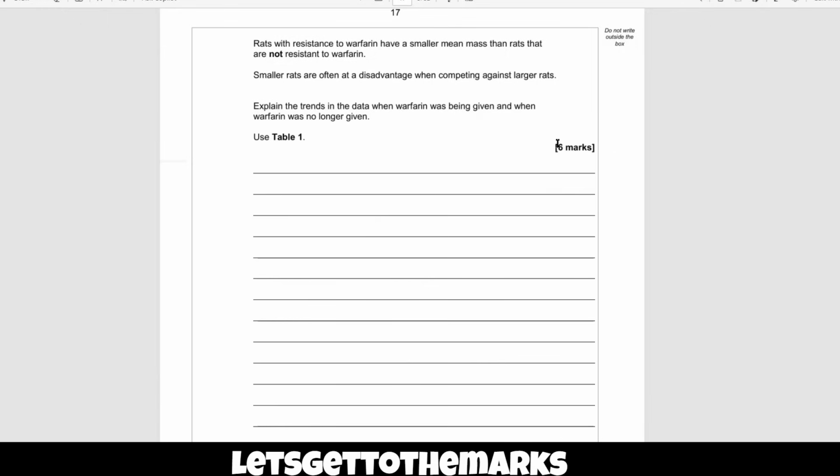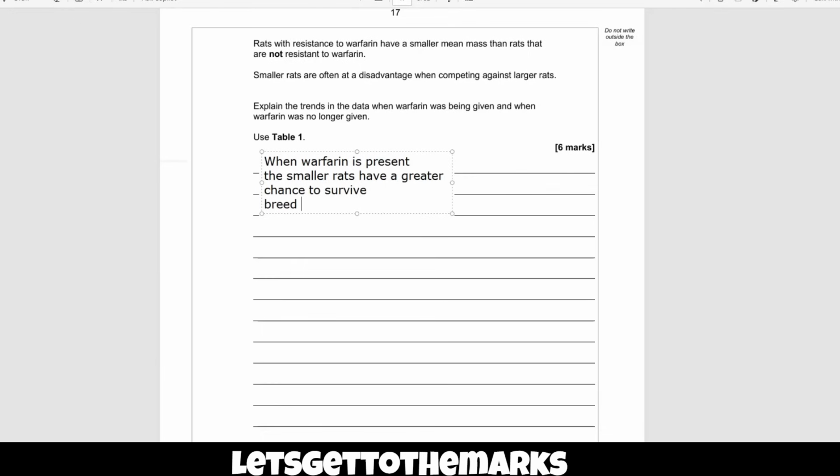Explain the trends in the data when the warfarin was being given and when the warfarin was no longer given. So this is a bit of a natural selection question. It kind of goes like this. When warfarin is present, the smaller rats, think about natural selection, have a greater chance to survive.